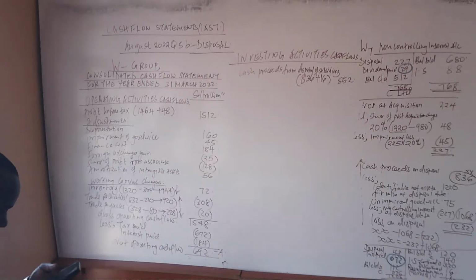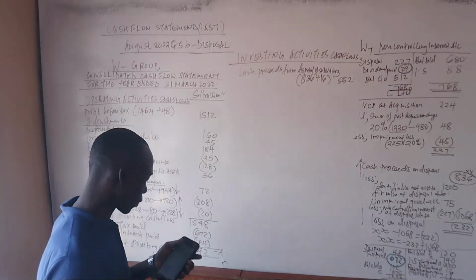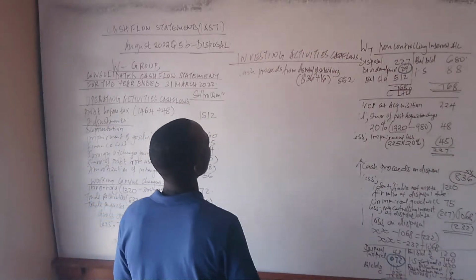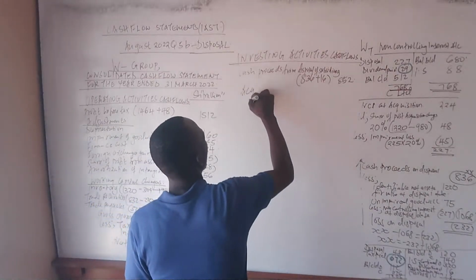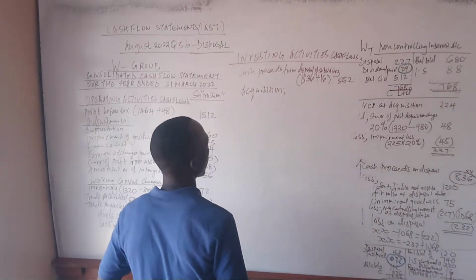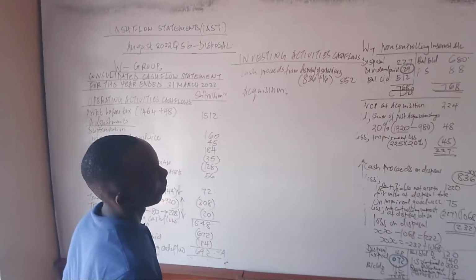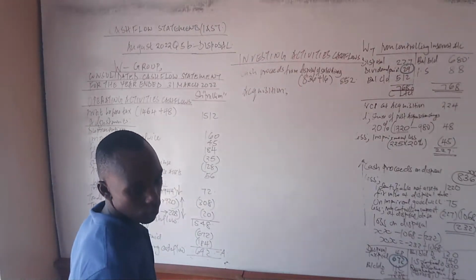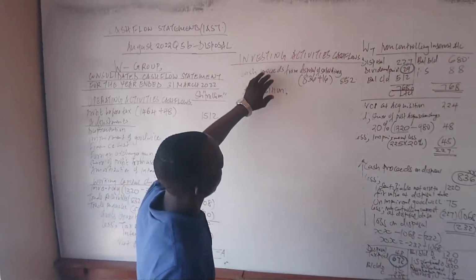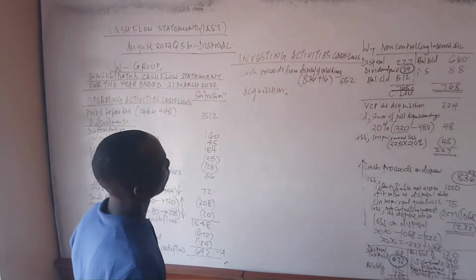NCI. Did we dispose any other thing? Let us go to the purchase. Let us go to the acquisition then. Acquisition. What did we acquire? Disposal of any property, plant and equipment, 840, is part and parcel of the subsidiary that we disposed.